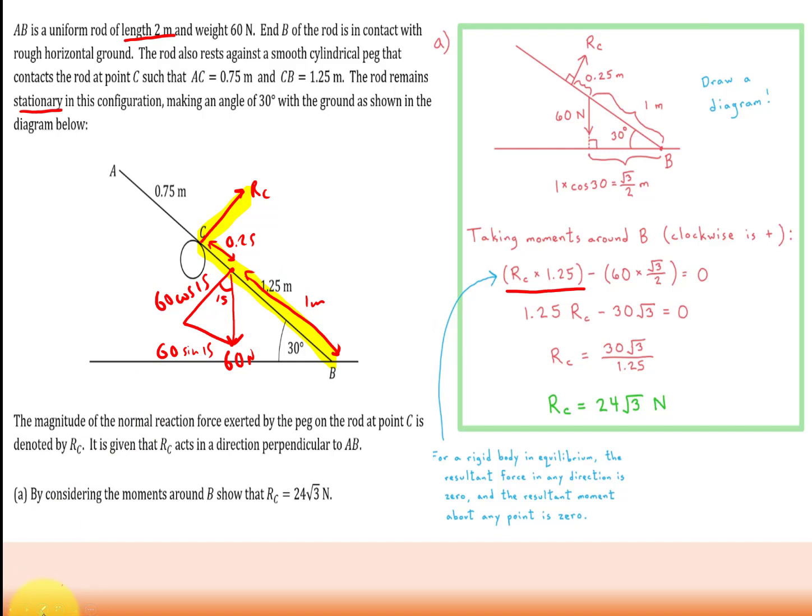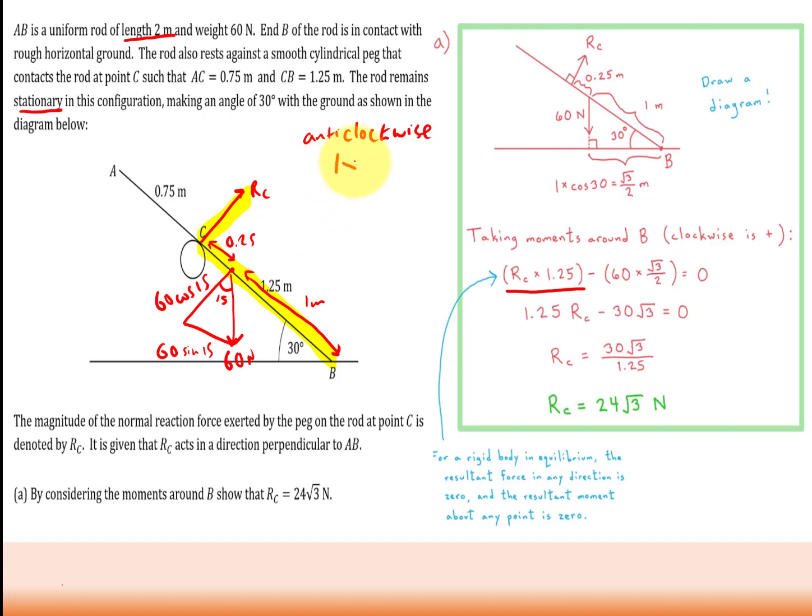That's going to equal our anti-clockwise moment, and you can write it separately to build up your skill, which is then 1 times 60 cos 15.